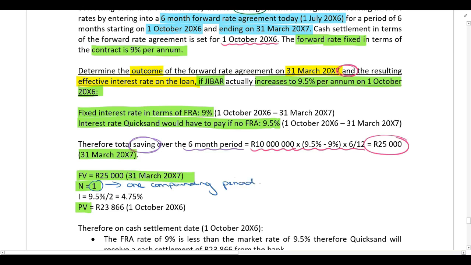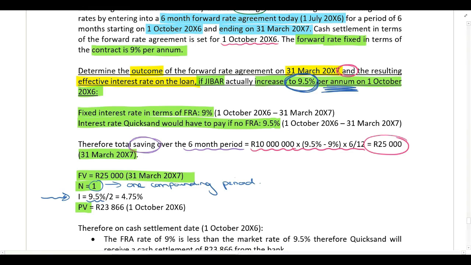We are not told that interest is calculated monthly, so we are dealing with 1 6-month period over here. So you must make N 1, and I is obviously going to be the interest rate. So what was the interest rate on the 1st of October 20x6? JIBAR increased to 9.5%. So please note you need to use 9.5% in your calculation. However, remember the 9.5% is the interest rate per annum.